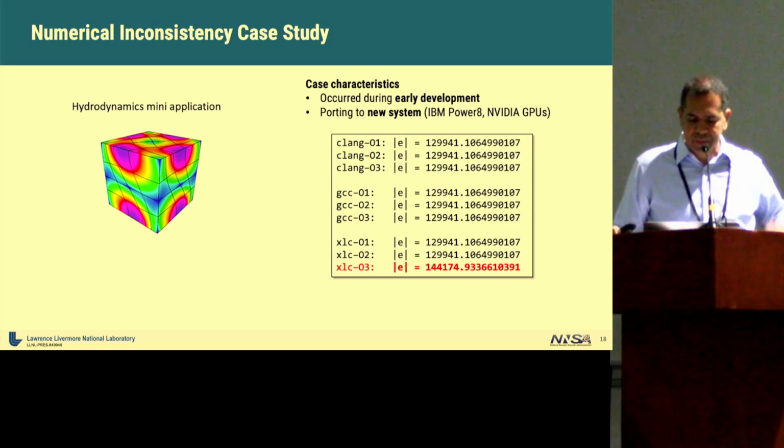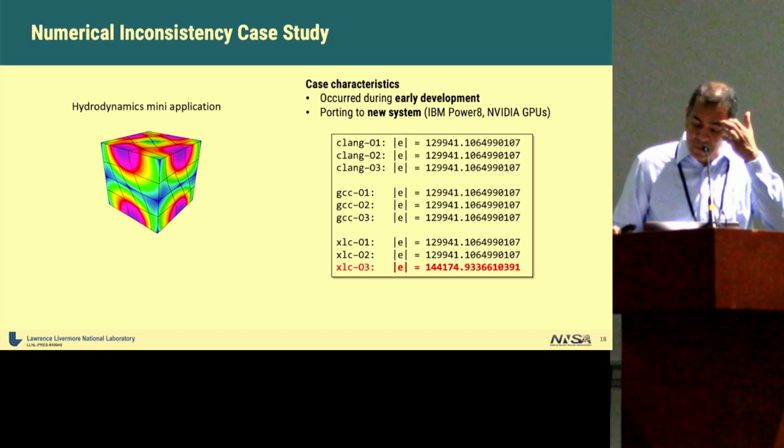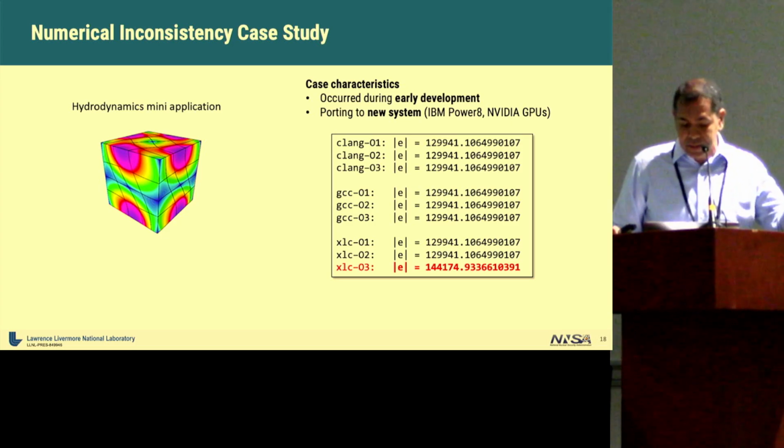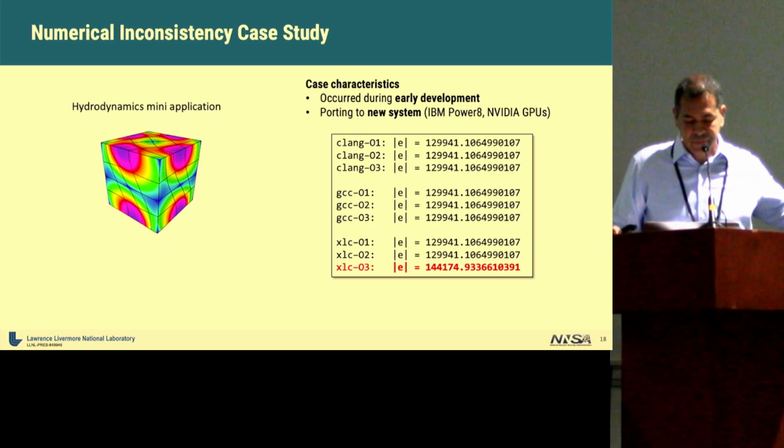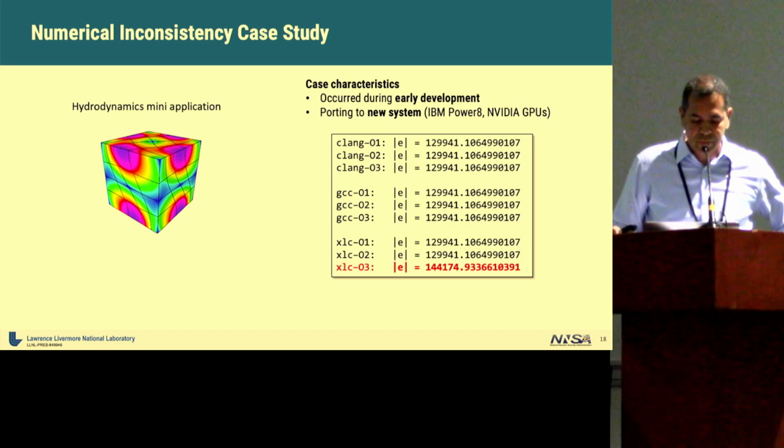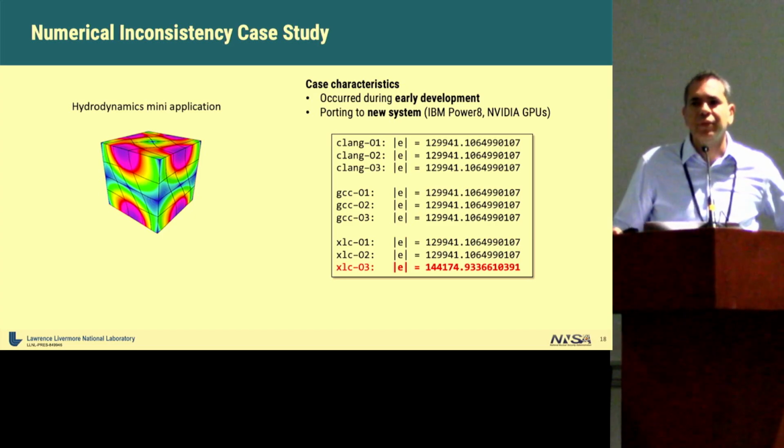The new system was an IBM Power 8 with NVIDIA GPUs. When they compiled the code and ran it with different optimization levels, they would get different numerical results for a specific compiler and optimization level, the XLC compiler with -O3. They would get a very different energy value. Developers know that when you use compiler optimizations, you might get different results.